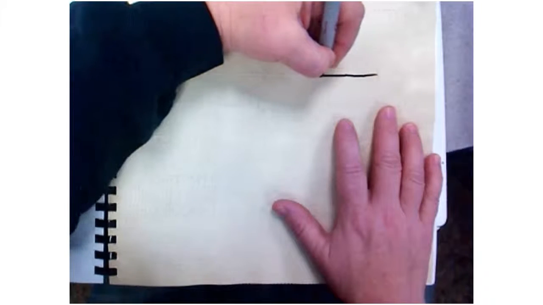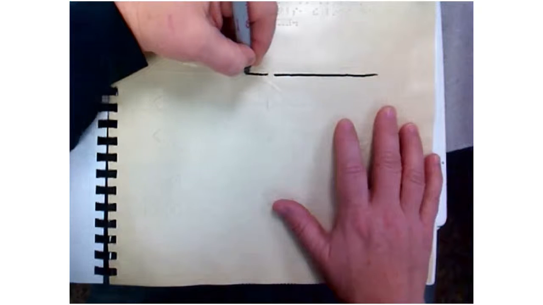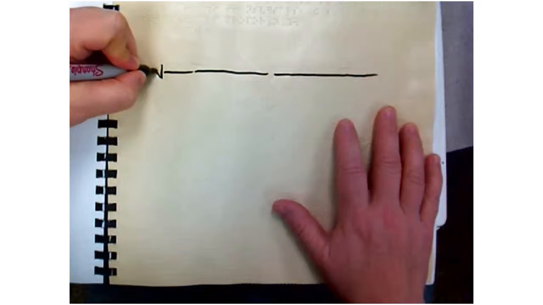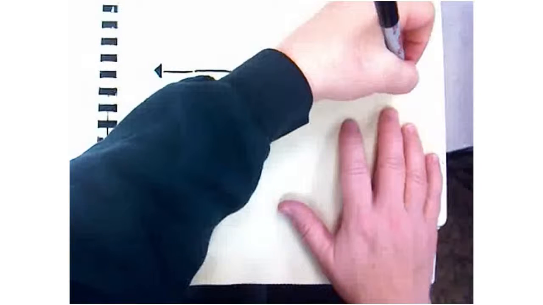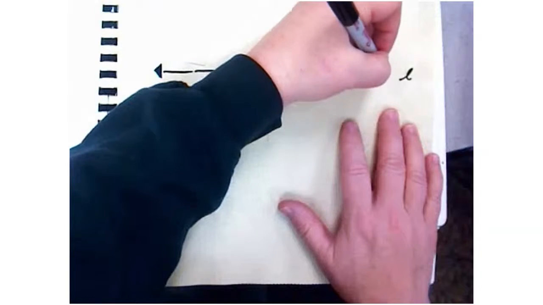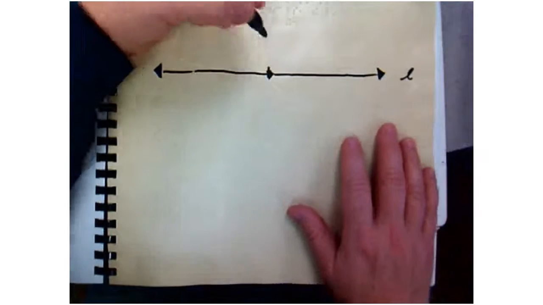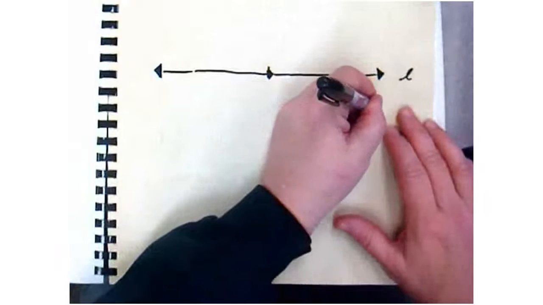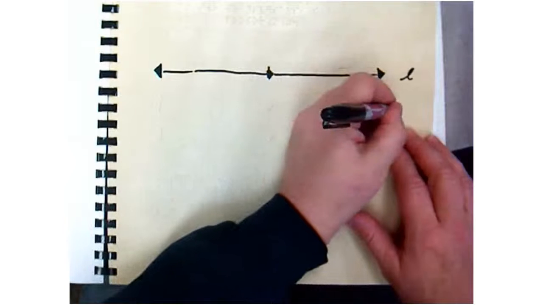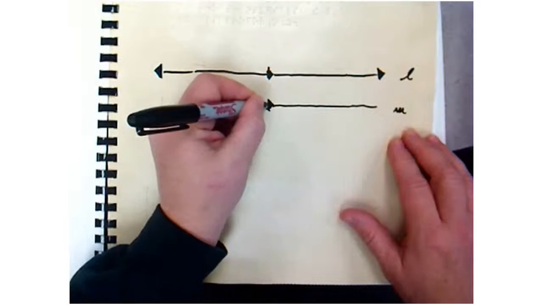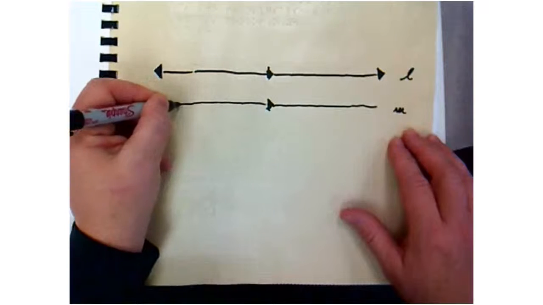So there's three parallel lines running east to west or west to east. The one on the top is labeled line L off to the right, and it has a parallel indicator in the middle of it. Then there's a middle line just below that labeled M, and it has a parallel indicator in the middle of it and two arrowheads on each end.